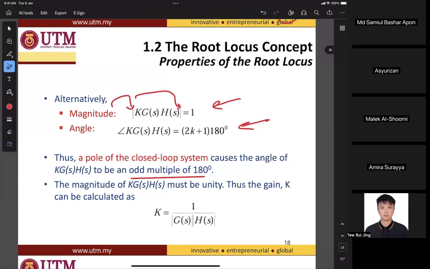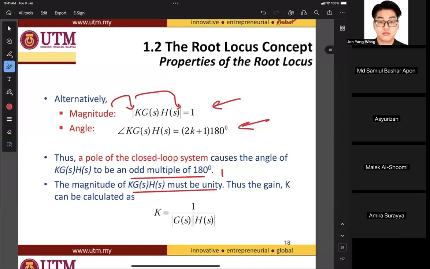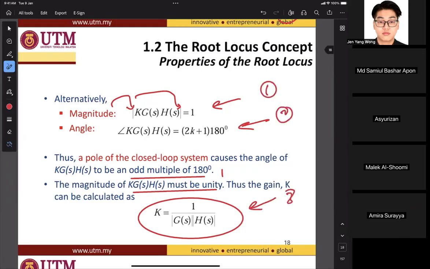And the magnitude of K G(s) H(s) must be unity, which is 1. Thus, the gain K can be calculated as K equals 1 over the magnitude of G(s) H(s). Please remember these three formulas when we are doing root locus.